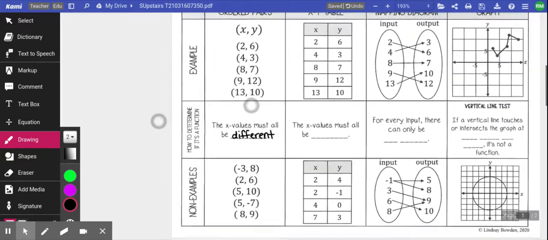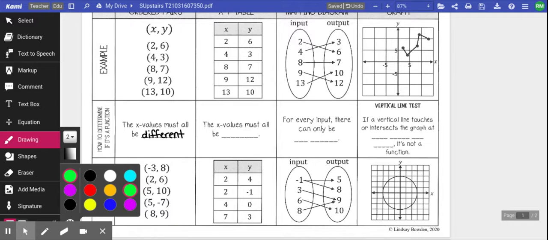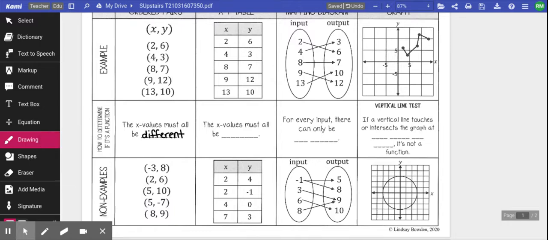So if I look at the one that is a function, okay, is my x value the first number in the parentheses or the second number? Anybody? Okay, so your x value that you're looking at is the first number.